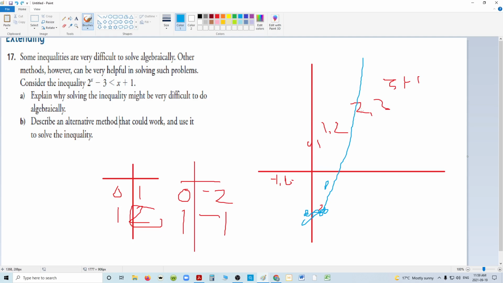So we can put in some values and see if we can find the actual crossing over. Let's put in 2. 2 to the 2 is 4, minus 3 is 1. So there we got 2, 1. We're very close. 2, 3 is that. When we put in 3, we get 2 to the 3, which is 8, minus 3 is 5. So 3, 5, and this one is 3, 4.